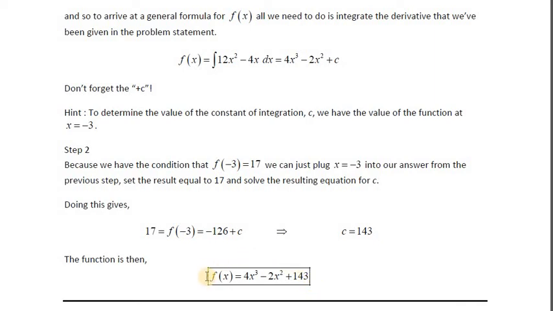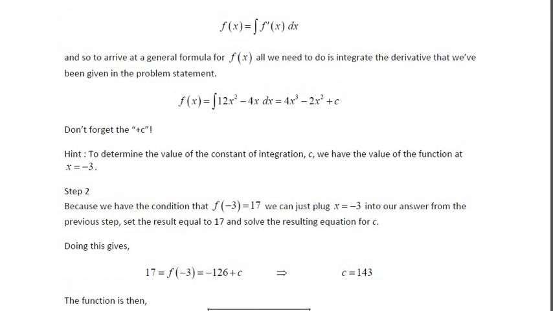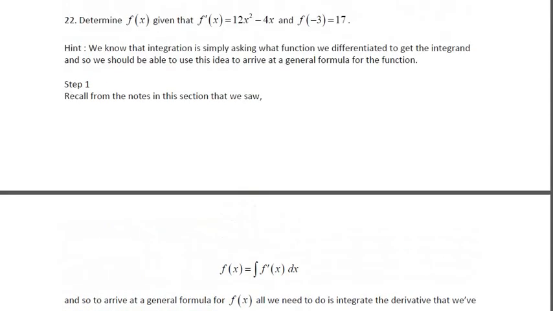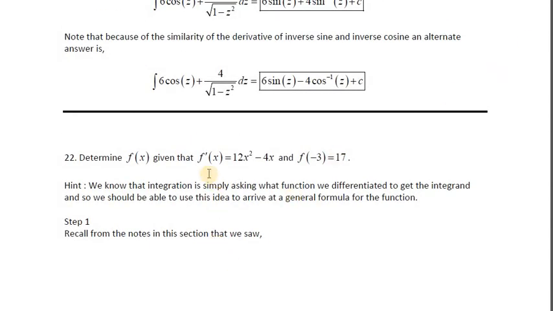So this is the original function, and if we differentiate this function, we can get this one. That is, if we differentiate that original function, we will get this result again.